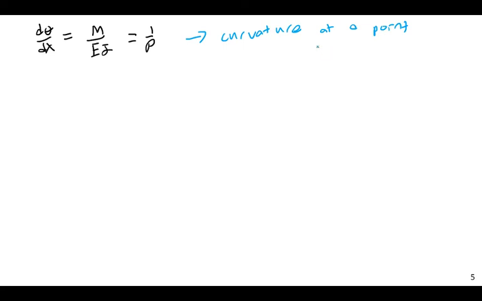In other words, simply 1 over rho is defined as the curvature. That is the definition of curvature. It is 1 divided by the radius.